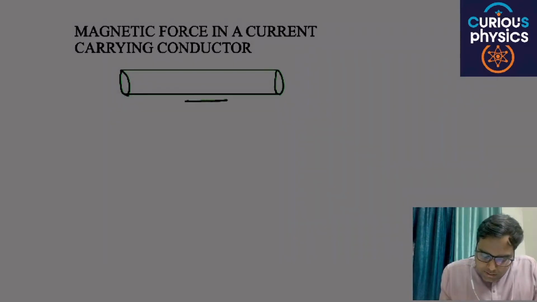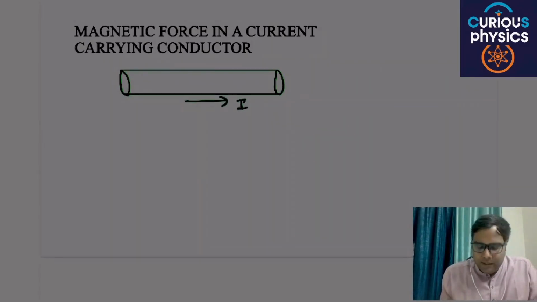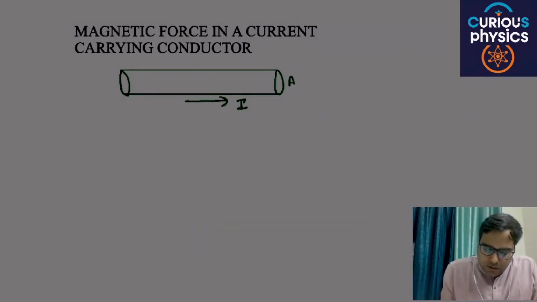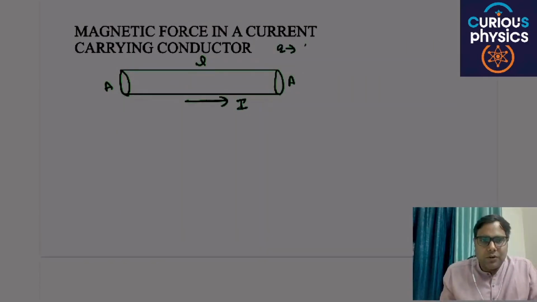This is the direction of current I. This is the area of cross section A. This is the length L, and q is the charge.